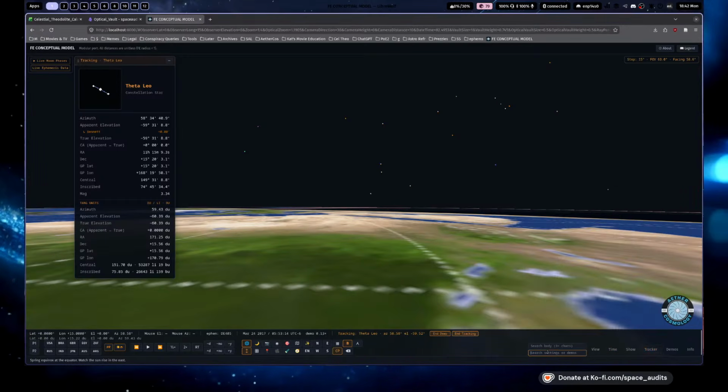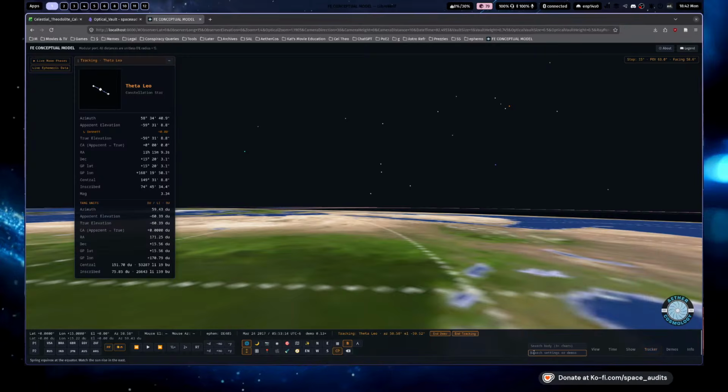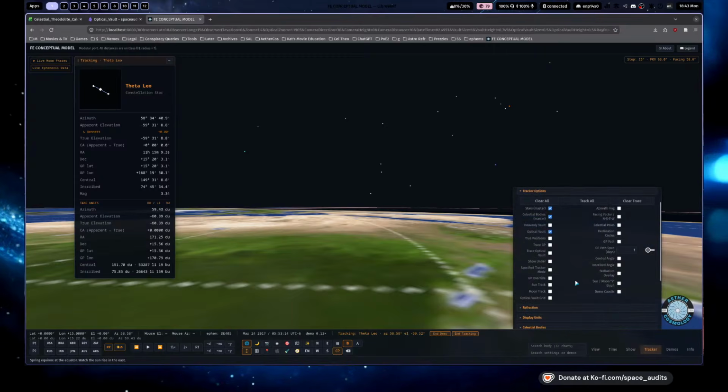And then we could turn on the optical vault grid so you can kind of see. You see the optical vault grid anywhere, lads? Oh, right here down at the bottom.